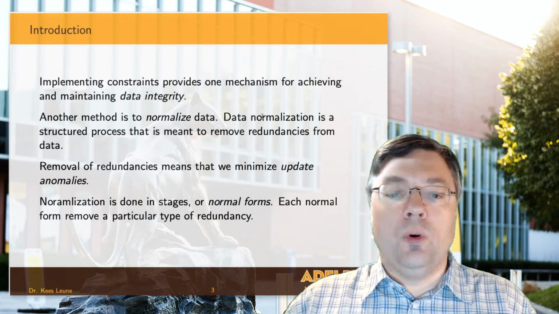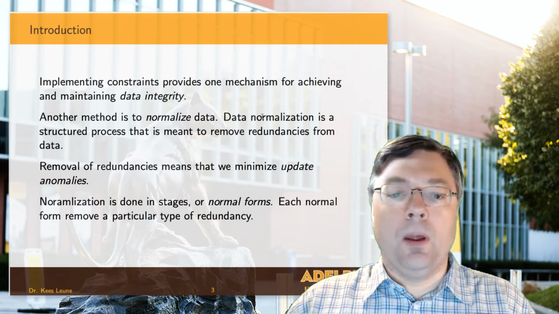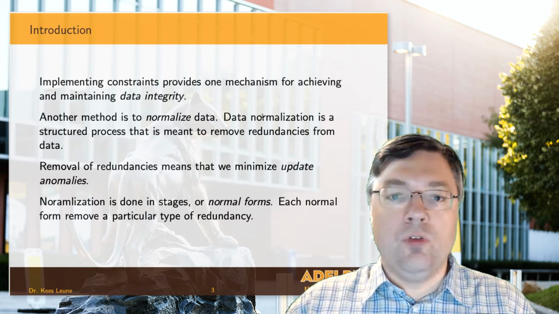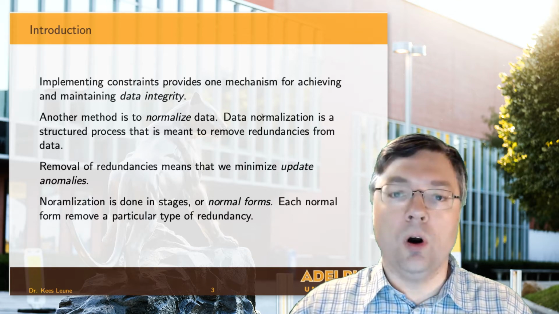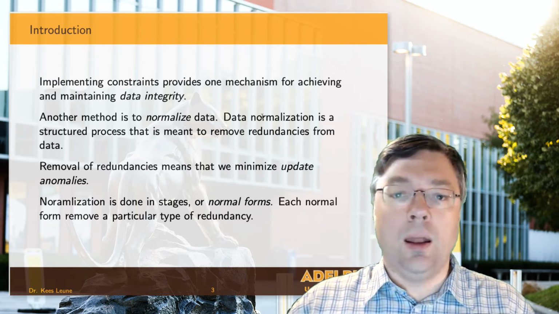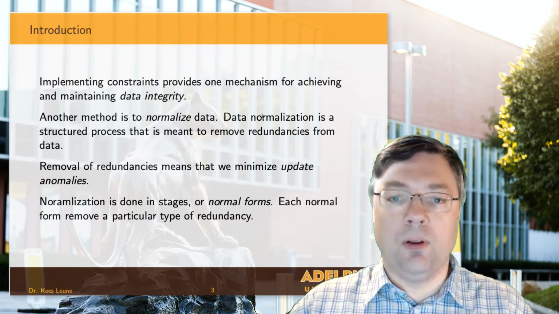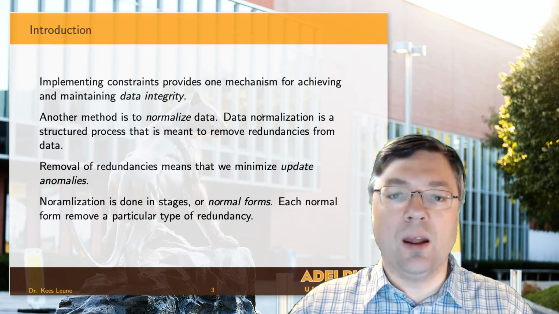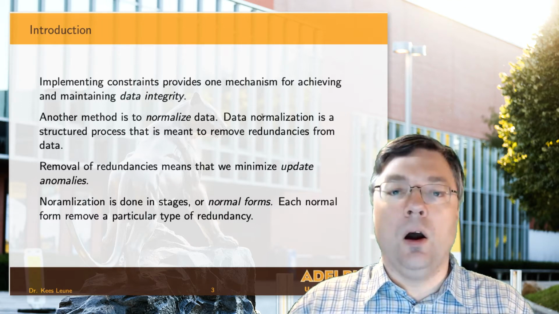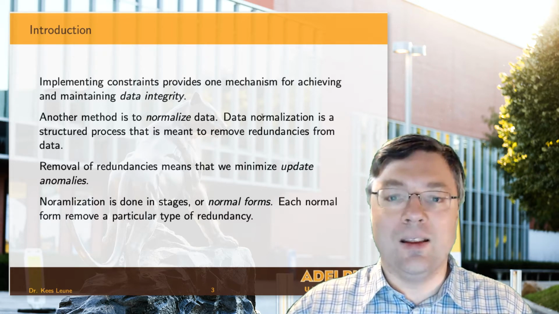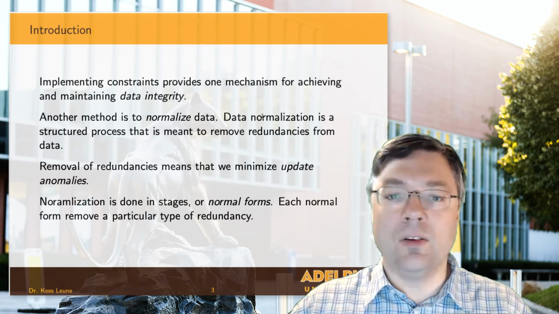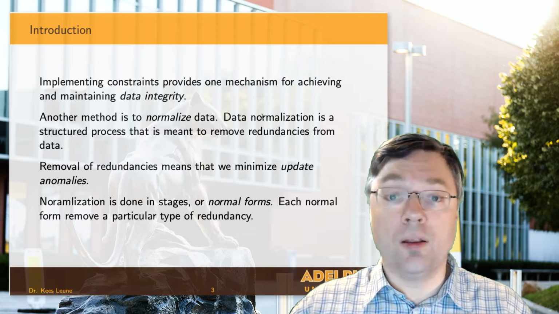So, as I mentioned before, we want to use a database management system to obtain persistence. And in the case of the relational database, many of the design decisions that we make are meant to further the ability to ensure data integrity, which means that the data that's in our database is correct.